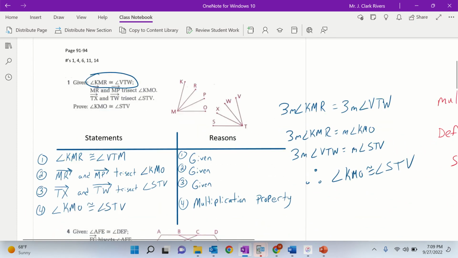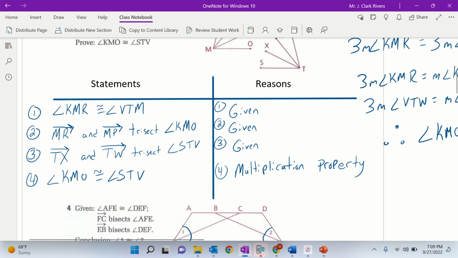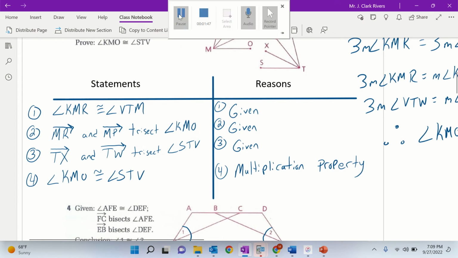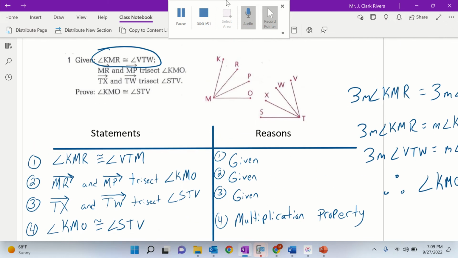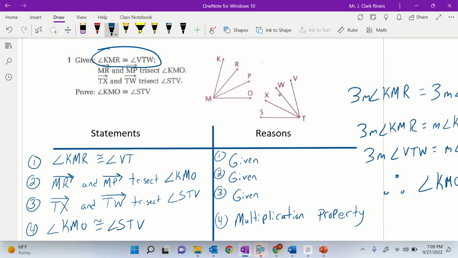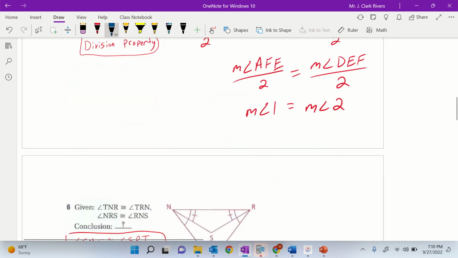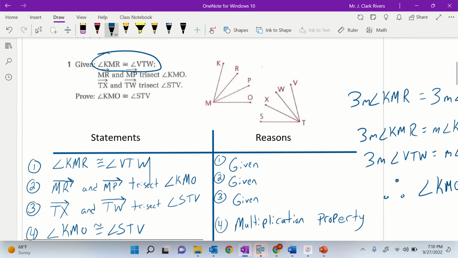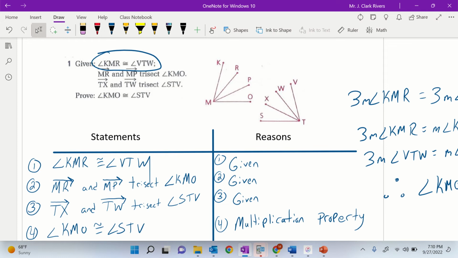So here's what's required in the proof. We got our given information. KMR is congruent to VTW.